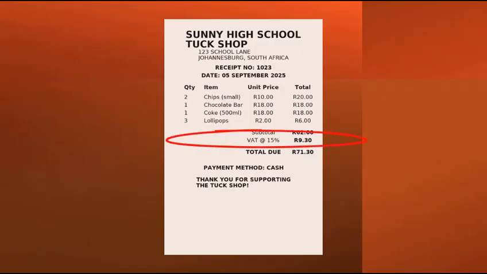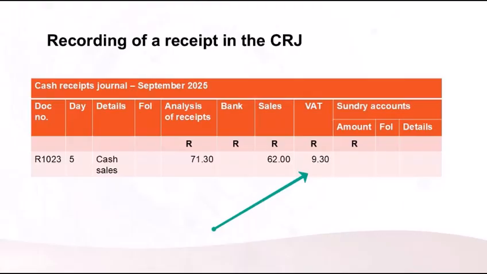The value-added tax at 15% is recorded on our receipt as 9 Rand 30. So we can go back to our cash receipts journal and record 9 Rand 30 in our VAT column. And here you can see that we recorded the 9 Rand 30 in the value-added tax column.